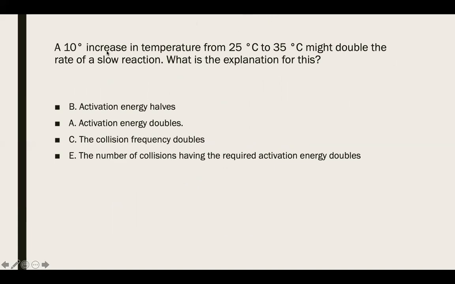The first thing that you can do is immediately eliminate A and B. Because if you remember, if nothing else is changing, your activation energy doesn't change. Just because your temperature increased, your activation energy isn't changing because it's the exact same reaction. The only time an activation energy might decrease is if you have a catalyst in there, not just because of temperature.